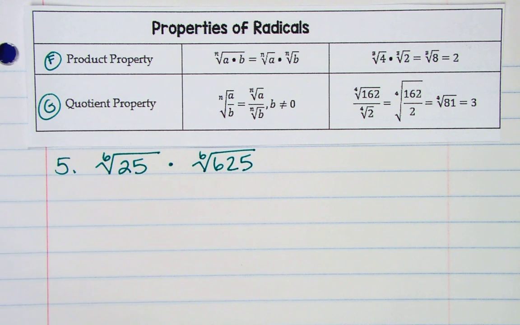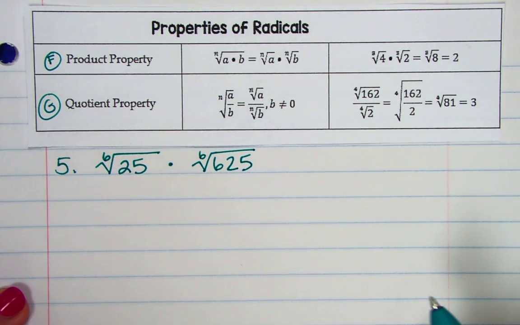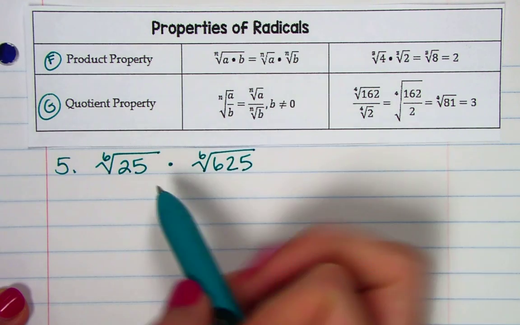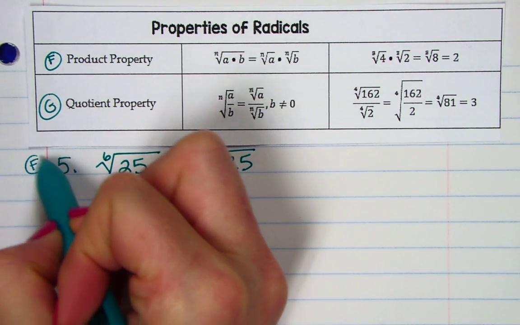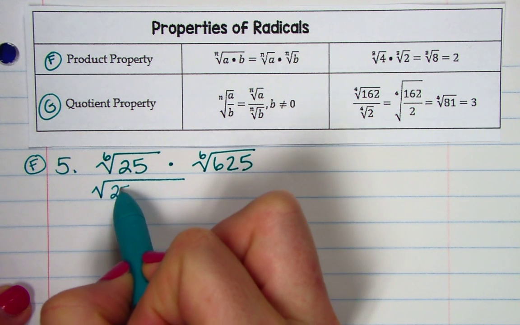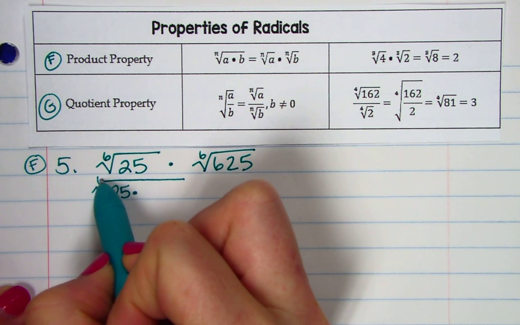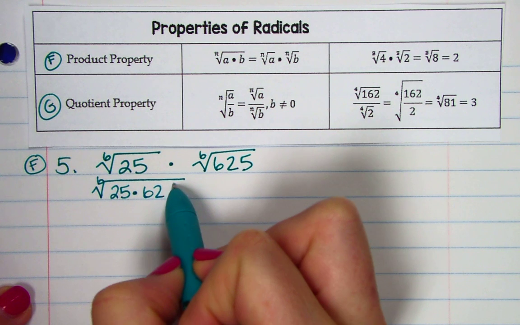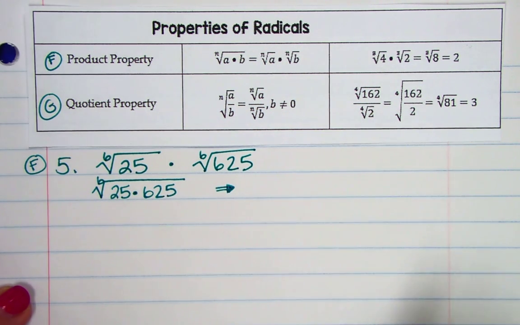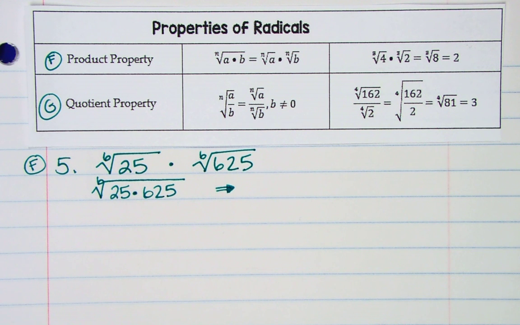So which property is it? F, right? This looks just like this. And what they did was they multiplied those two numbers together. So I'm going to write it out just like this: 25 times 625. You can multiply them together all under one root. You don't need two roots.